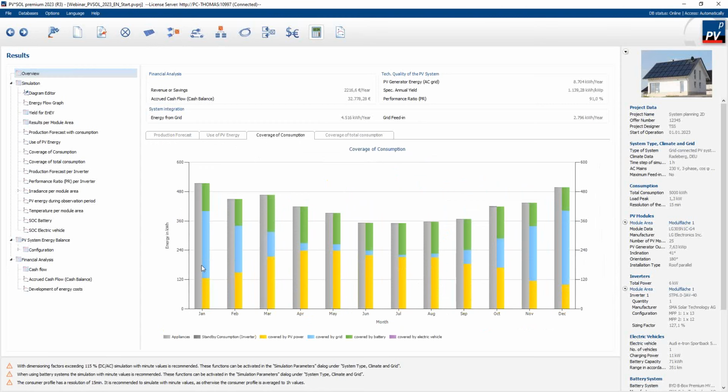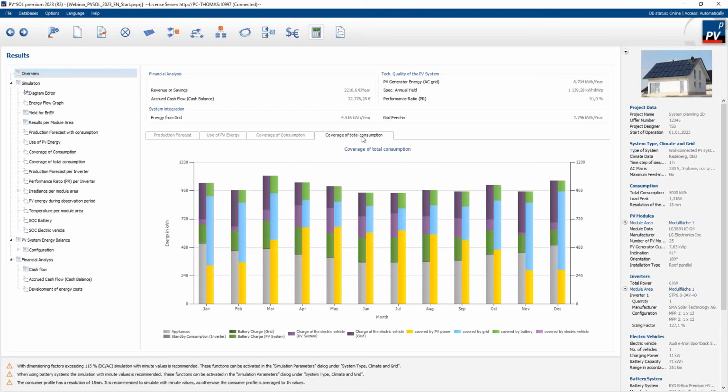The amount of energy from the grid is higher in winter than during the summertime, of course. And this one shows how the total consumption is covered, and the total consumption means that the battery as well as the electric vehicle charging is seen as consumption.